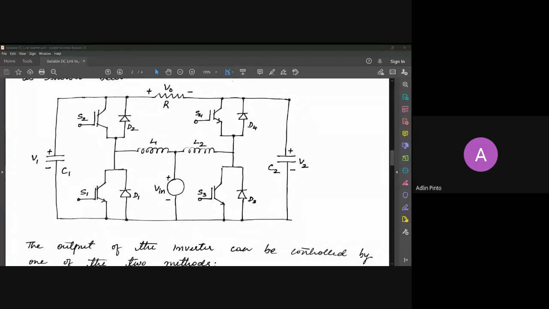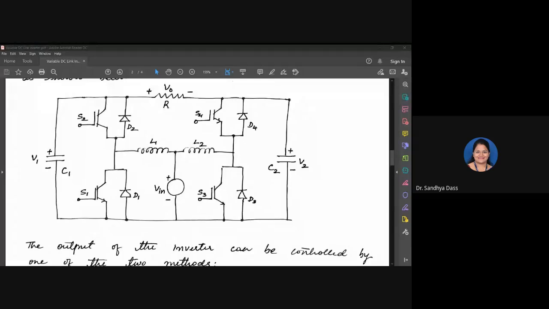Not sure, ma'am. In variable DC link inverter, you have already answered. Maybe you are not able to relate it clearly. In variable DC link inverter, we are varying the level of the DC input, that's all. Varying the DC level means stepping up or stepping down.